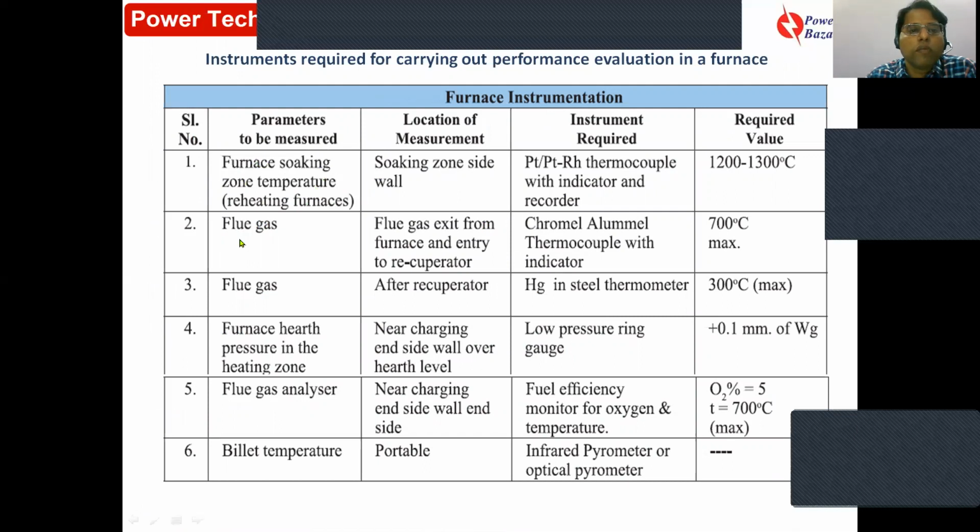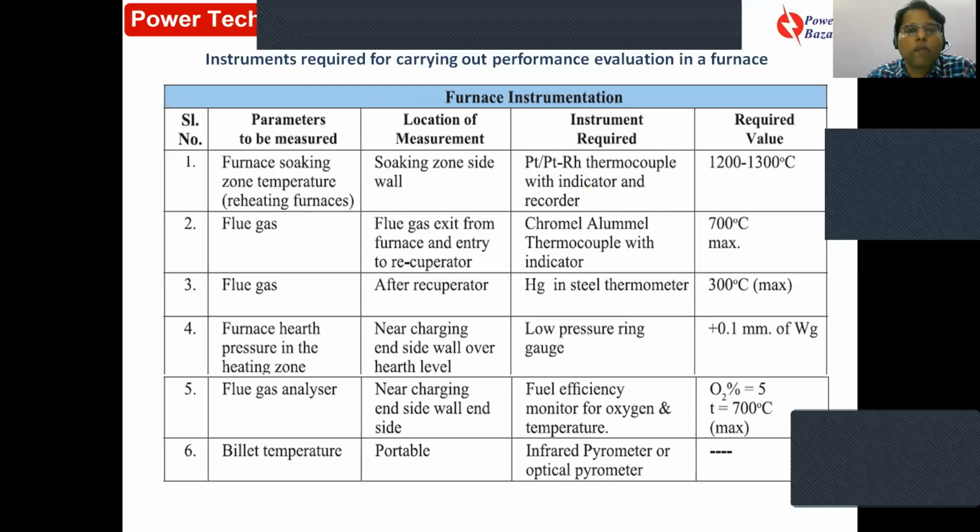Then we have to measure the flue gas temperature, and the flue gas temperature and the furnace soaking zone temperature can be measured with a platinum rhodium thermocouple. These are a special type of thermocouple which functions on the principle of the thermoelectric effect.